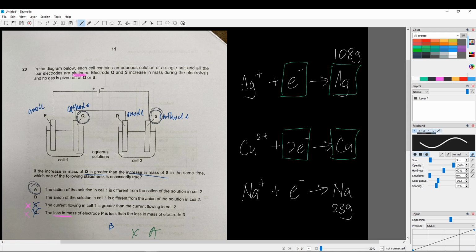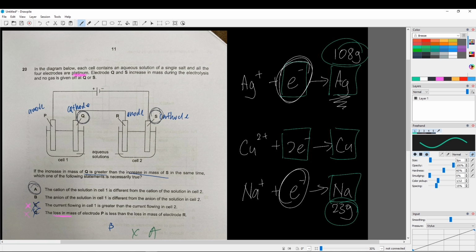So what they are trying to say is, even if the number of electrons is the same, the outcome will be different in moles if the cation is different, agree? Even if the electrons are the same, if the molar mass of the final metal is different, the final mass will be different, because it says electrode Q and electrode S increase in mass, right?